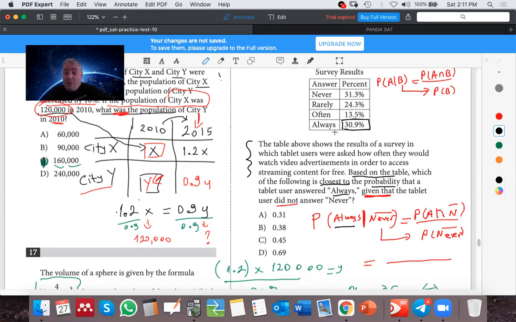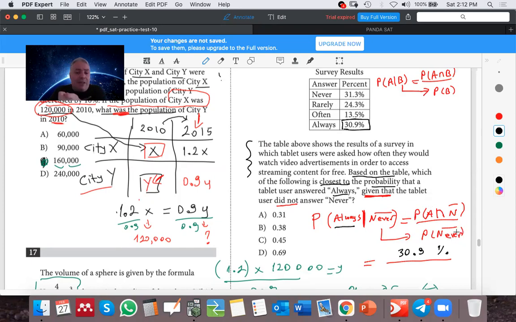By the way, something cannot be never and always at the same time, since these two events are mutually exclusive. There is no intersection. Simply, I don't want to confuse your mind; where you see says always, 30.9%. It's finished.